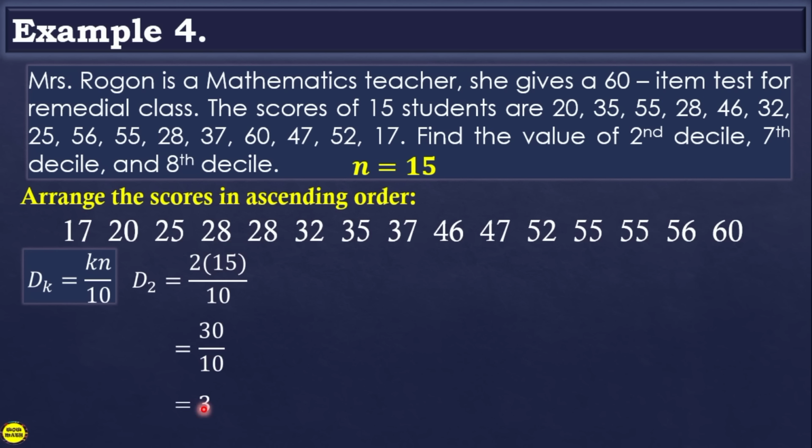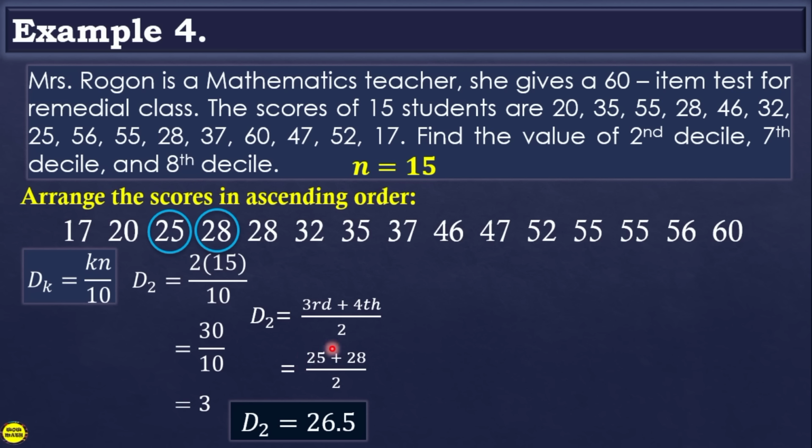So, again, when the value we computed is a whole number, we get the halfway between the third and fourth position. Our third is 25 and our fourth is 28. So 25 plus 28, that is 53, divide 2, the answer is 26.5. So, our second decile is 26.5.